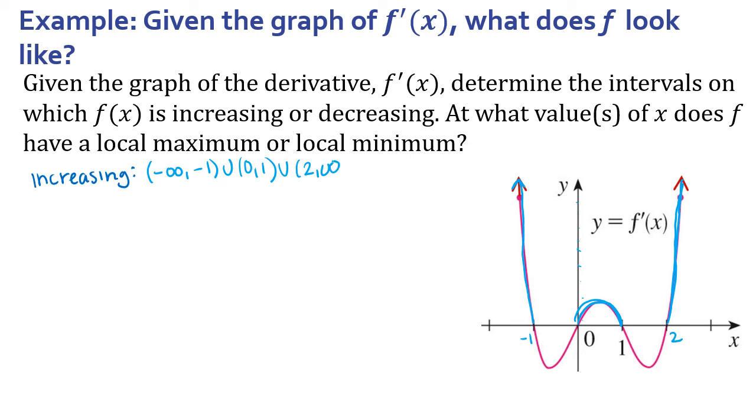For decreasing, so we can see this function is decreasing, and that happens when your first derivative is negative. So those y values are negative, those output values are negative here between -1 and 0. And then they're negative again here between 1 and 2.